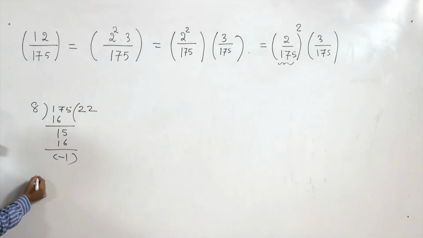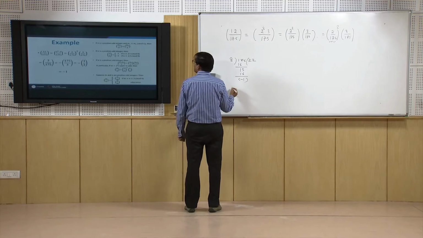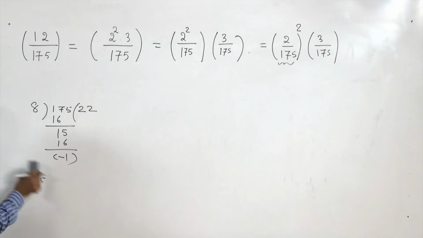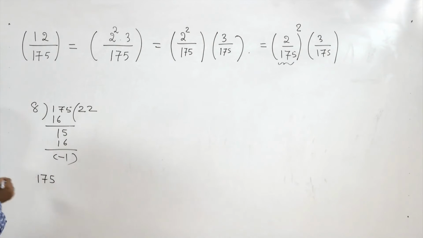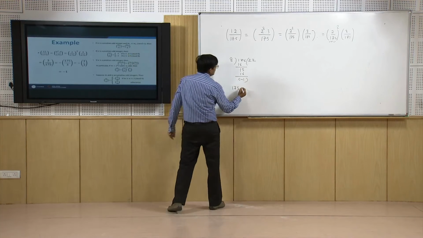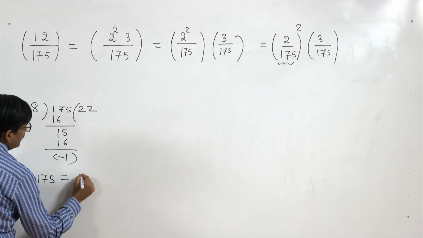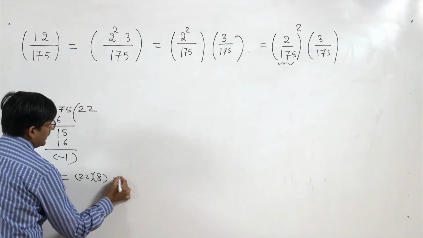This basically means that n, that is 175, is equal to 22 times 8 minus 1.